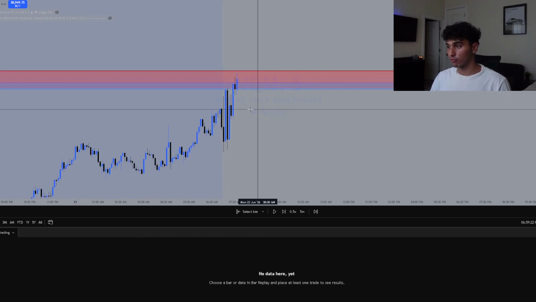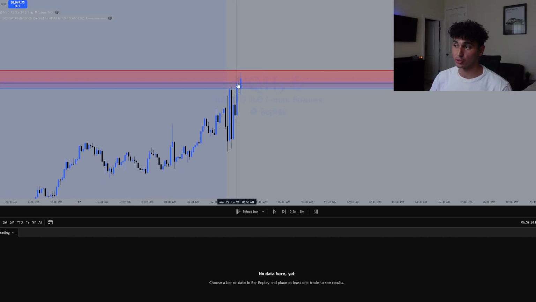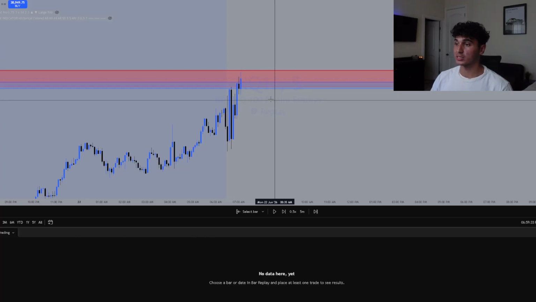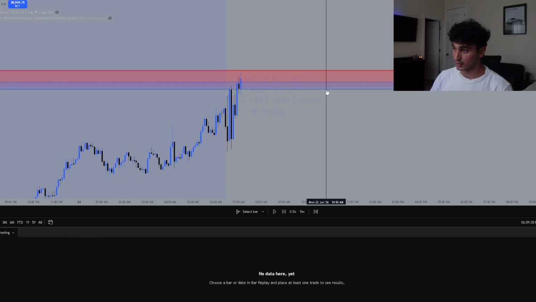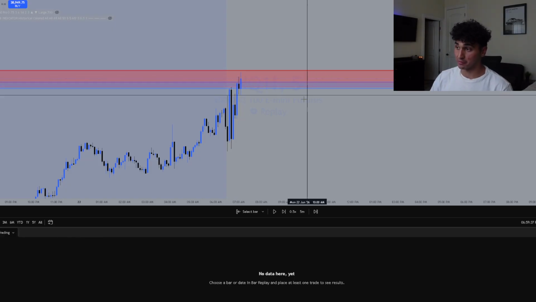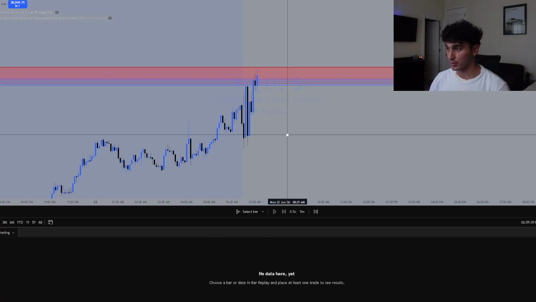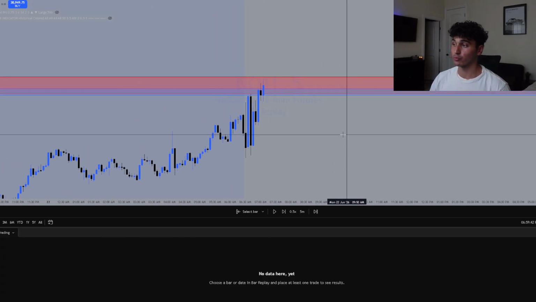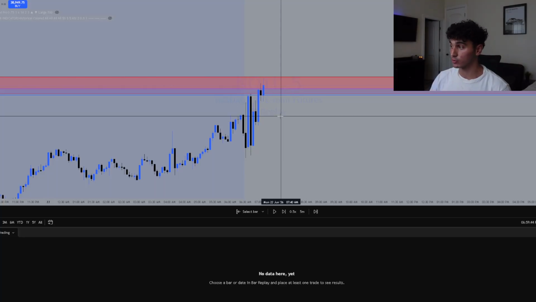Now let's say, for example, we push up and we don't get that buying momentum to continue to push us up and break through, we start to see signs of price slowing down. We start to see signs of sellers starting to step in. We start to see signs of price respecting our levels in our zone.